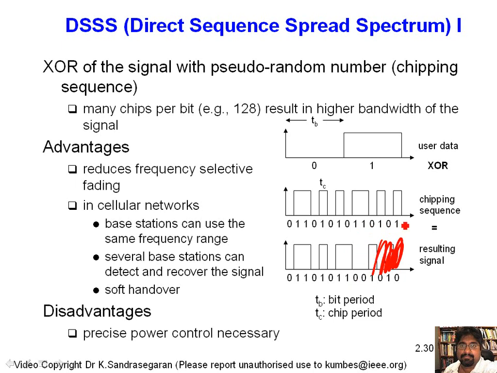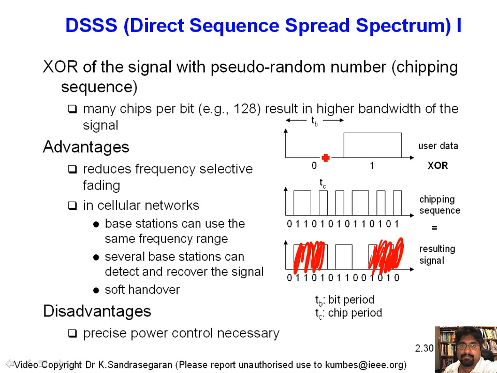So essentially the same information is being transmitted many times, and even in the presence of noise that wipes out quite a few bits, a few bits here and a few bits there, you can still recover from the received signal.